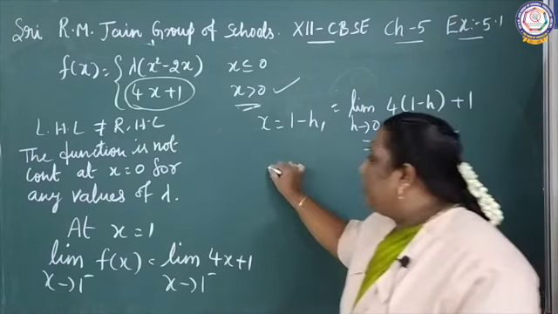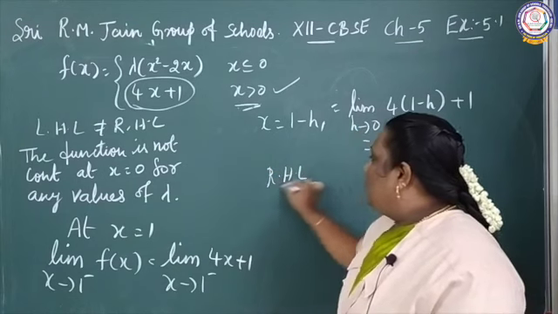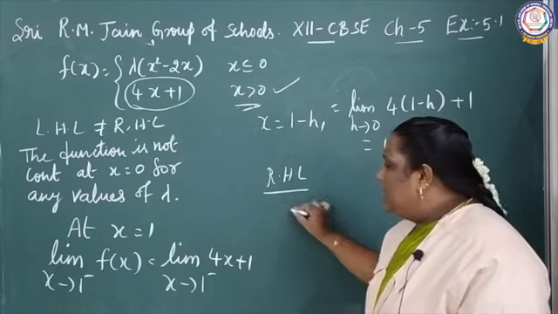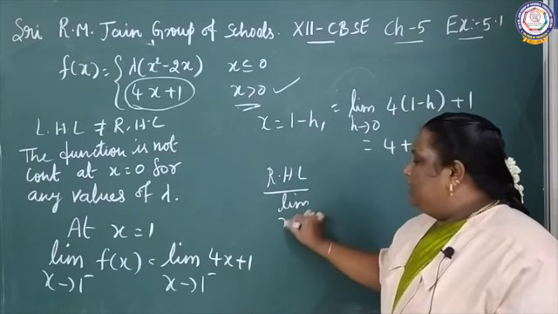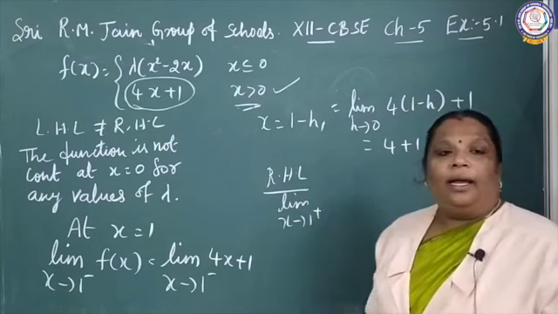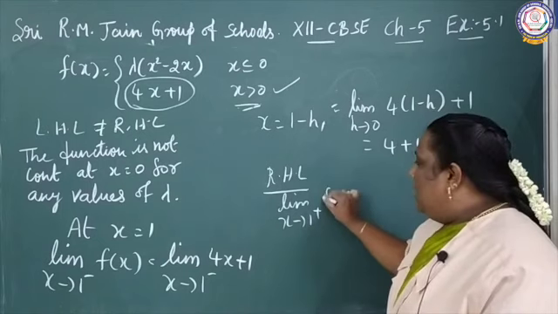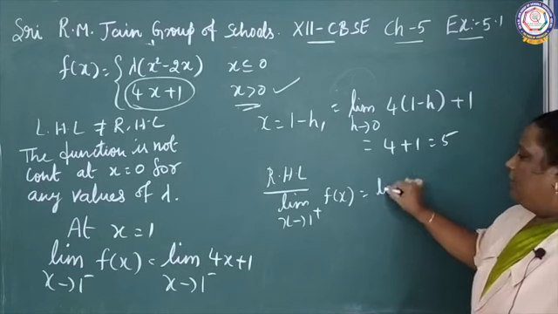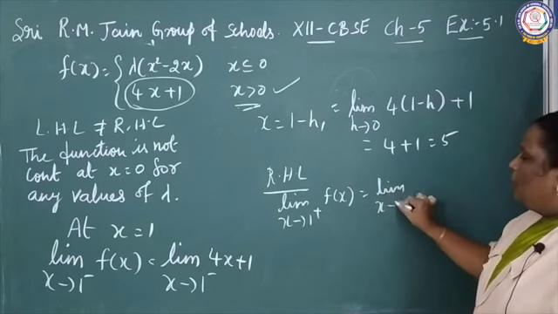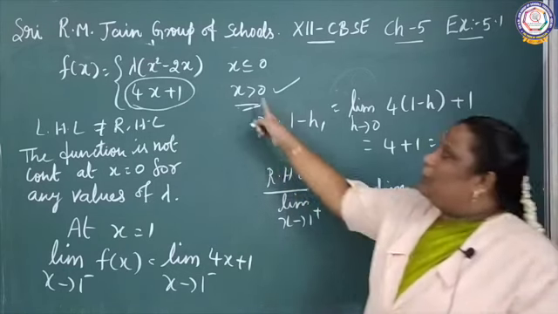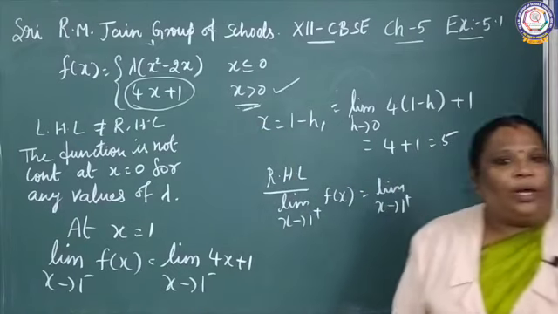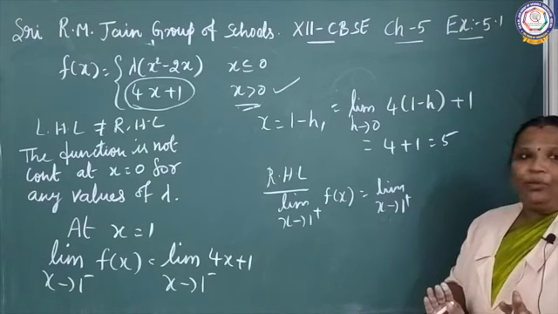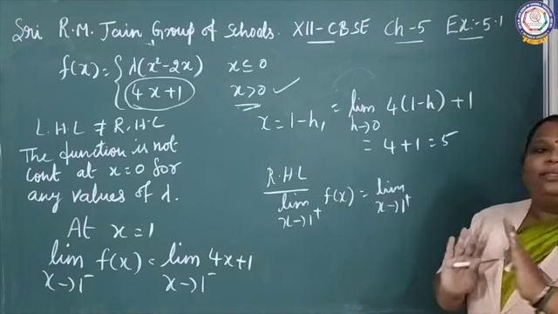You move on to the right hand limit. Right hand limit also, see here, limit x tends to 1 plus f of x equal to, limit x tends to 1 plus the same value, because x greater than 0. Now we have to see the less than 1 also, because the value is given like that, x greater than 0.